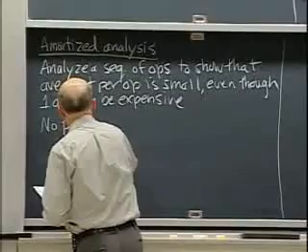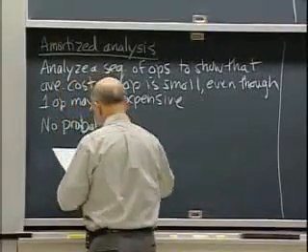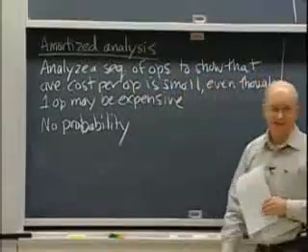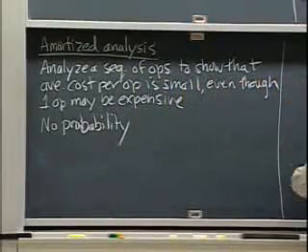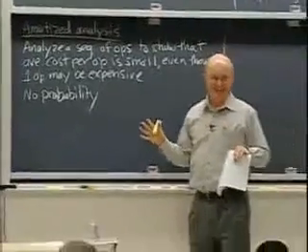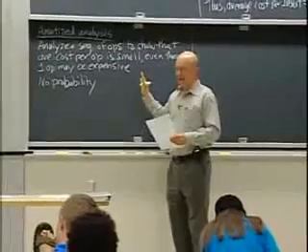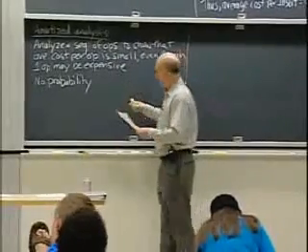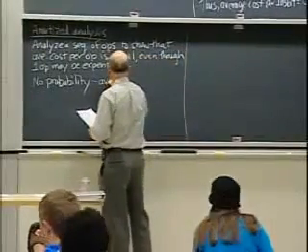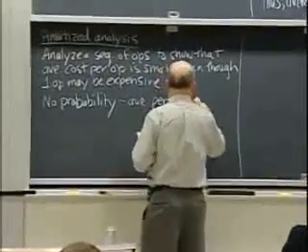There's no probability. Even though we're dealing with averages, there's no probability going on. When you do probability and you're looking at means, there are averages, right? Here's another average, but there's no probability going on. It's average performance in the worst case.